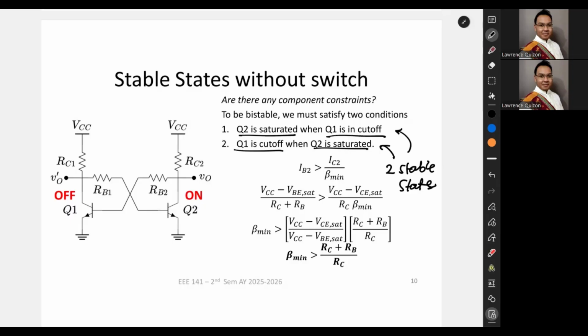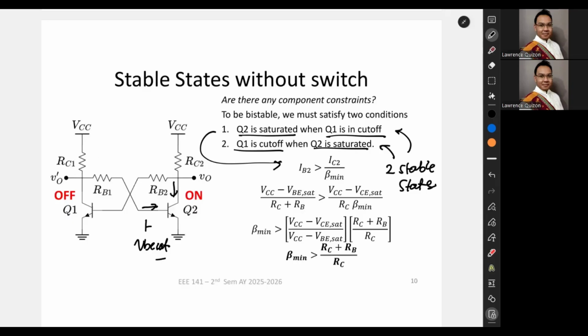When we say that Q2 is saturated, IB2 has to be greater than IC2 over beta. Expanding the equations, IB2 is equal to VCC minus VBE sat over RC plus RB.